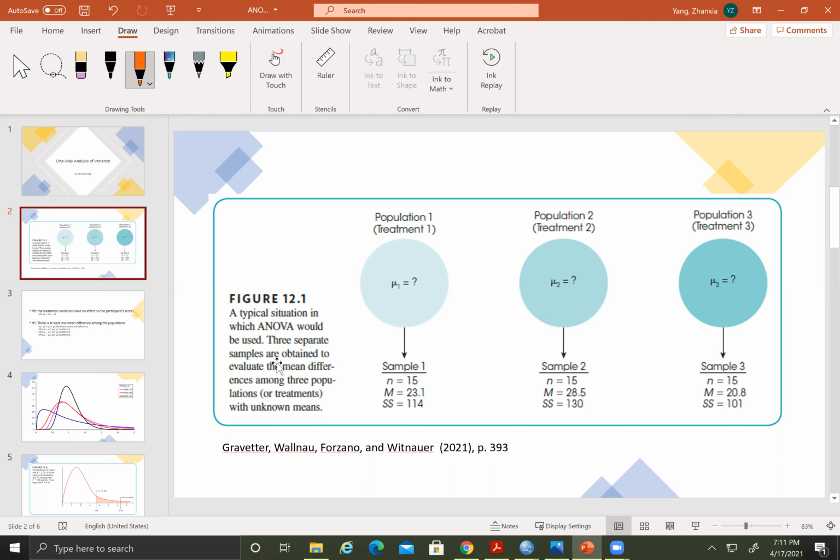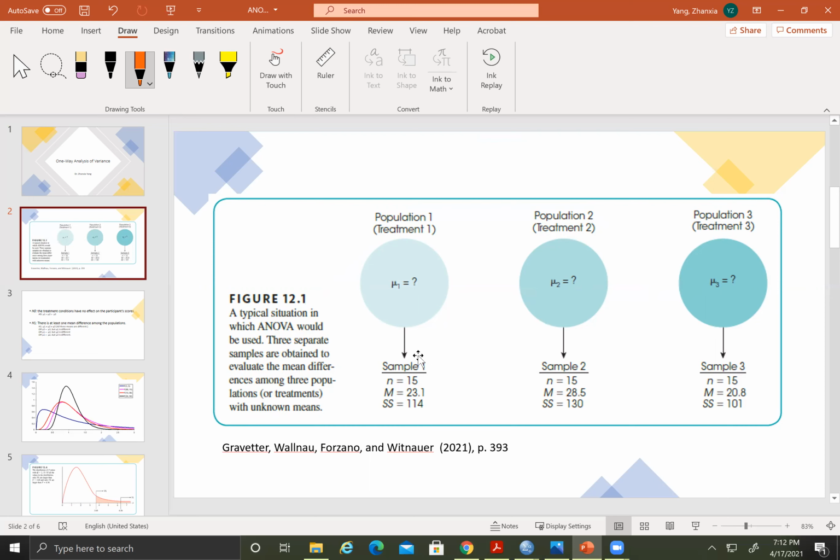We are trying to see if there's a mean difference for these different treatments or groups. What's a mean difference? That is the difference of these different means. For each treatment, we have a mean, another mean, and a third mean.